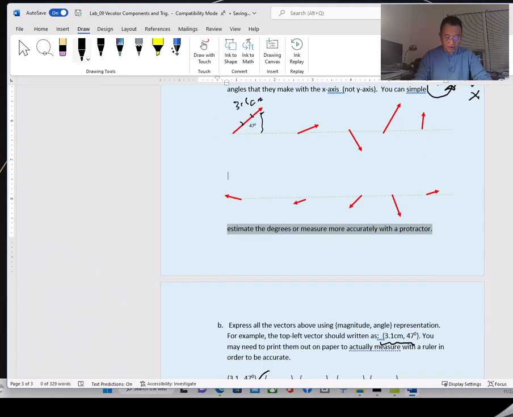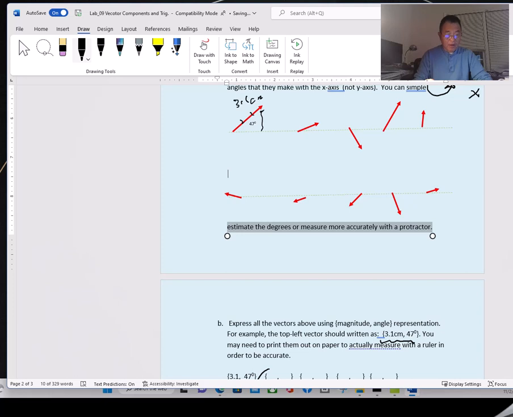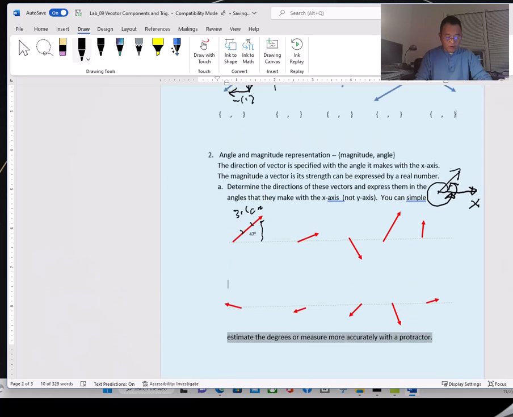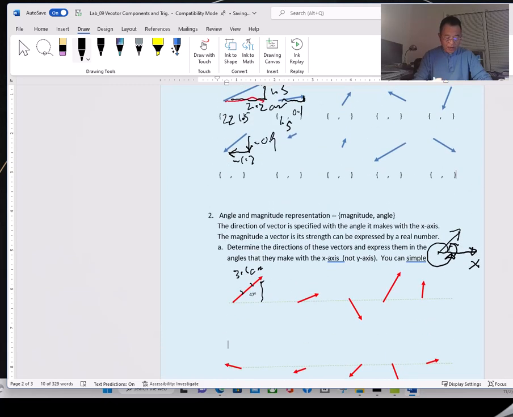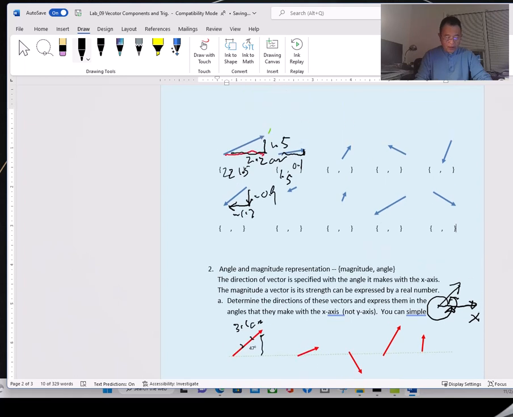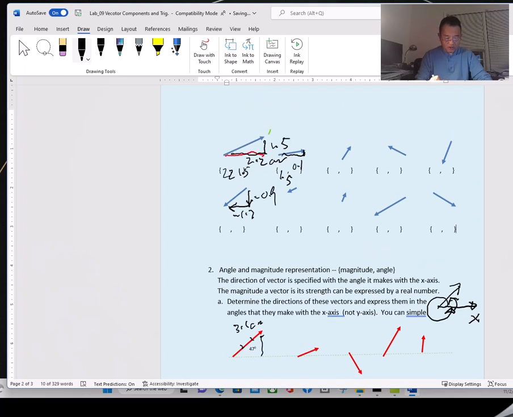Then you're supposed to do every one of these. In other words, after doing 10 of these, you get what I'm trying to say. You represent the vector this way. And of course, in the class, we will study how to convert between this magnitude and angle representation and the components representation.